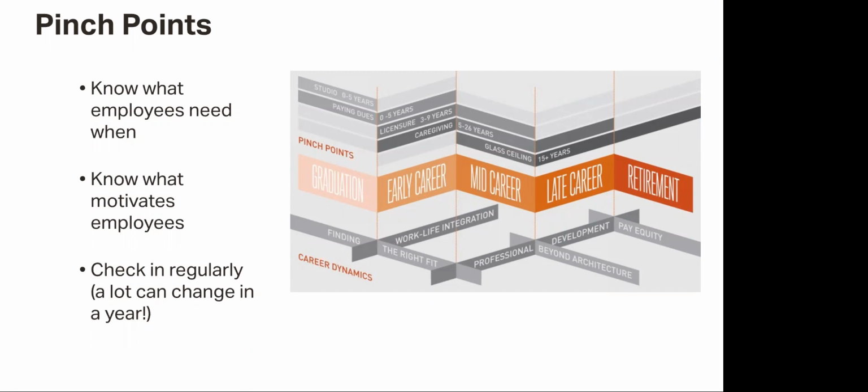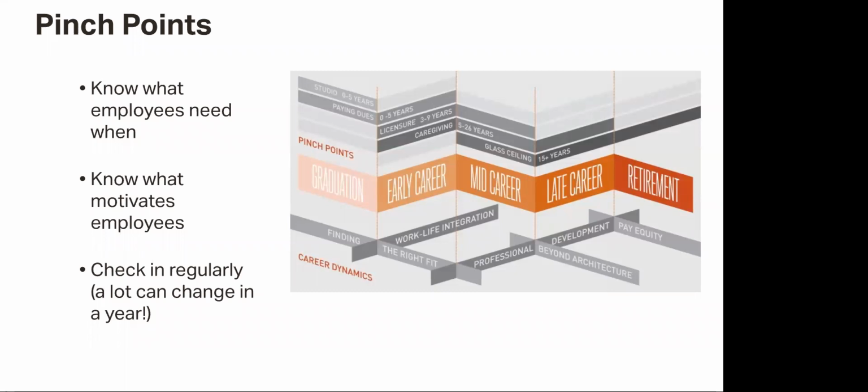Okay, so this I think is just another version of the really fantastic visual that Rachel had put up earlier, but thinking about pinch points. So this is really knowing what employees need when. And that's going to change sometimes really dramatically over the course of people's lives and careers.